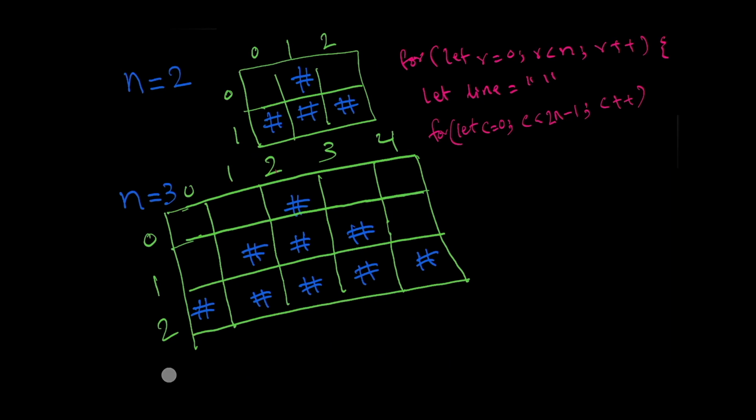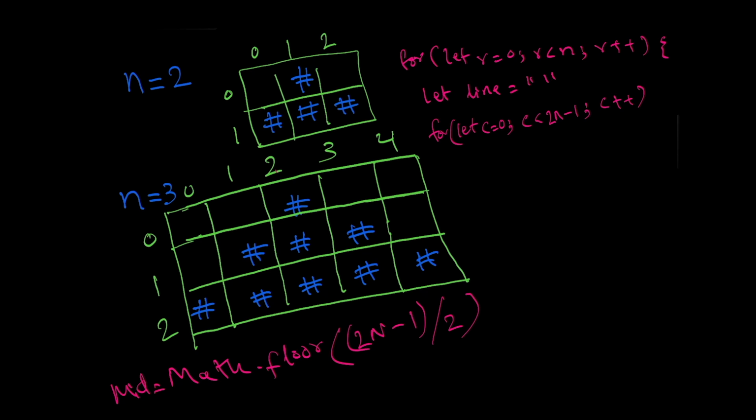We have a method called Math.floor, and to get the number of columns, we already know that it is 2n minus 1, and we divide that by 2, we get the midpoint. We figured out the midpoint. Now we know that there are a few pound signs on the right side of the midpoint, and a few on the left side of the midpoint.